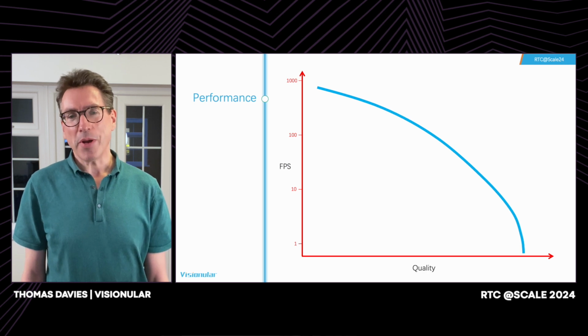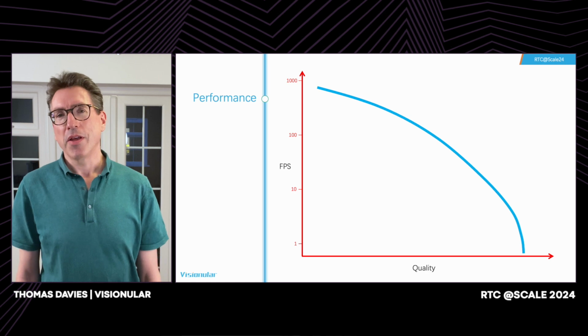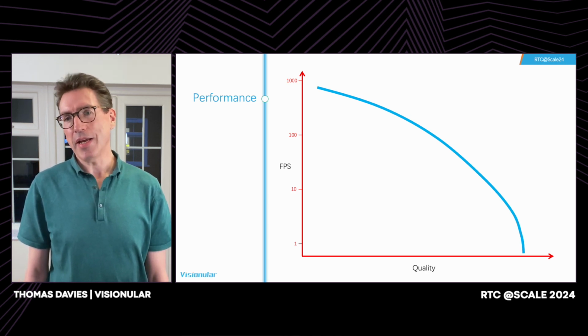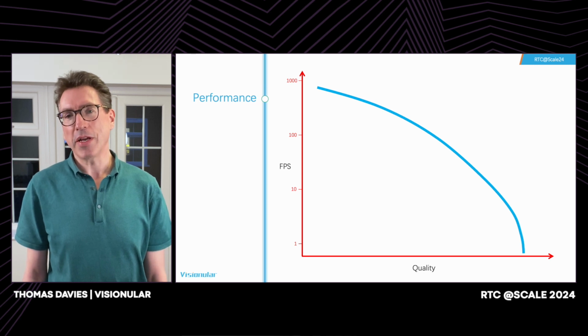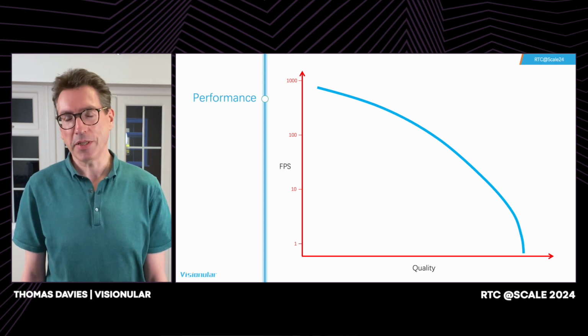So what do I mean by performance? When people talk about video encoders, they often mean something like you can get X% bitrate saving over such and such an encoder, 50% or 20% or whatever.